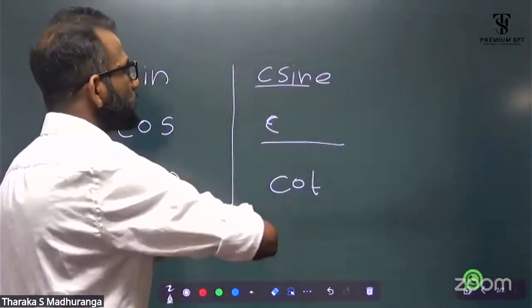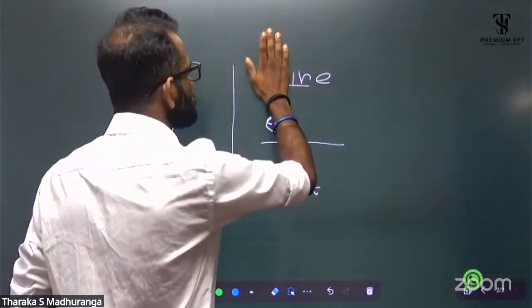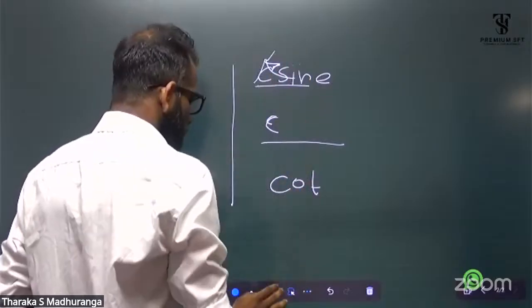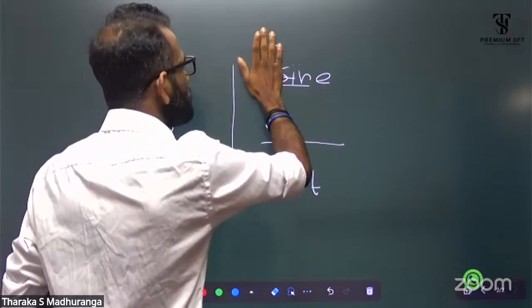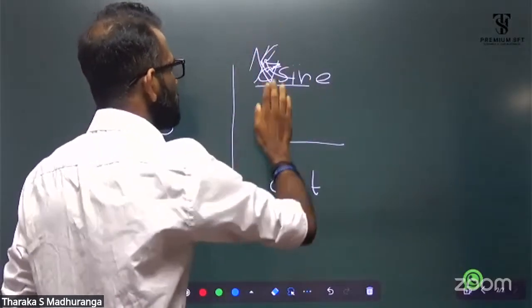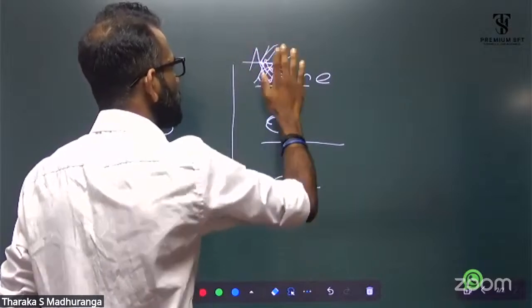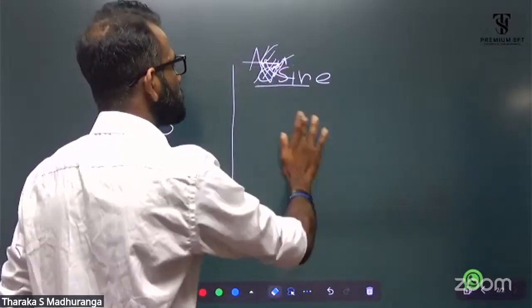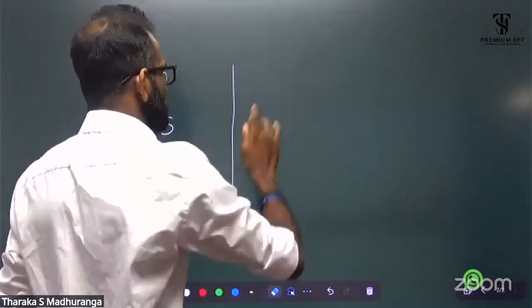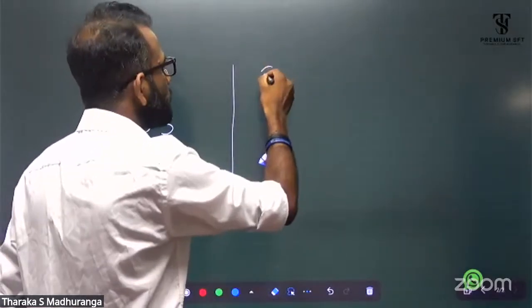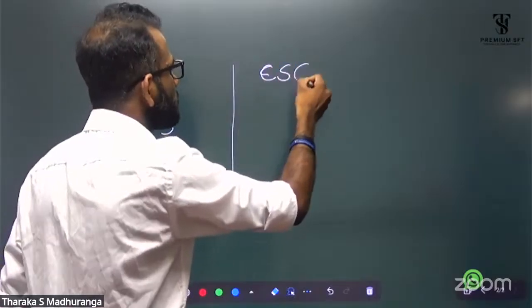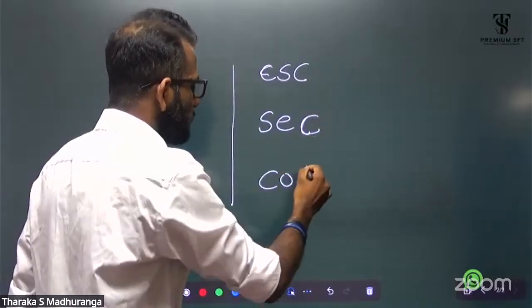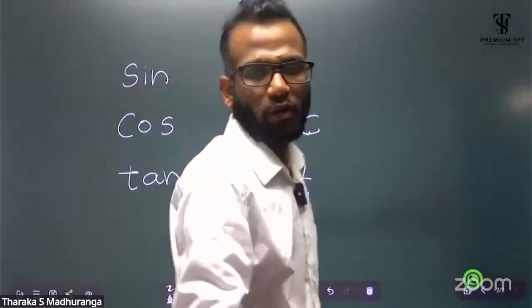Okay, sine, cos, tan are the basic trigonometric ratios. Additionally, we need to discuss another three trigonometric ratios. Overall, we have 6 trigonometric ratios: sine, cos, tan, cosec, sec, cot.